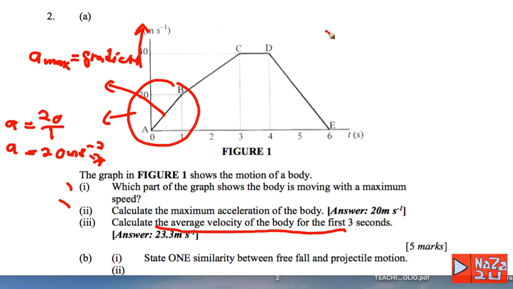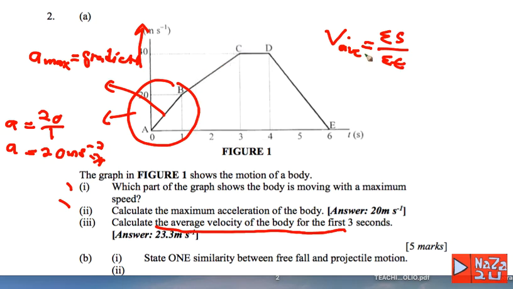Average velocity is the total distance, or displacement, divided by the total time t.